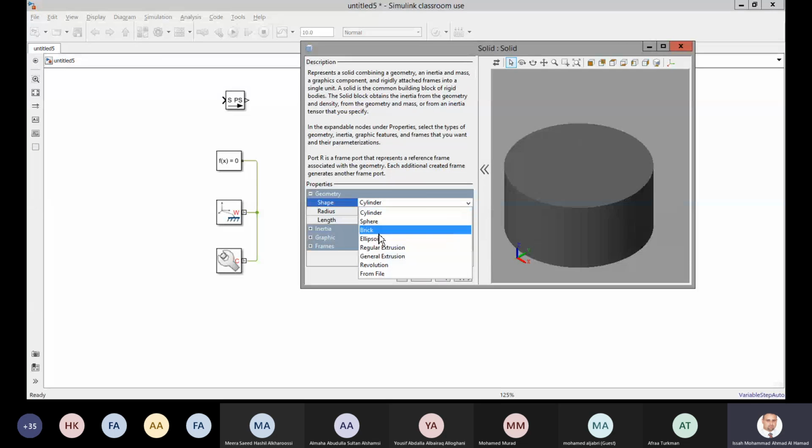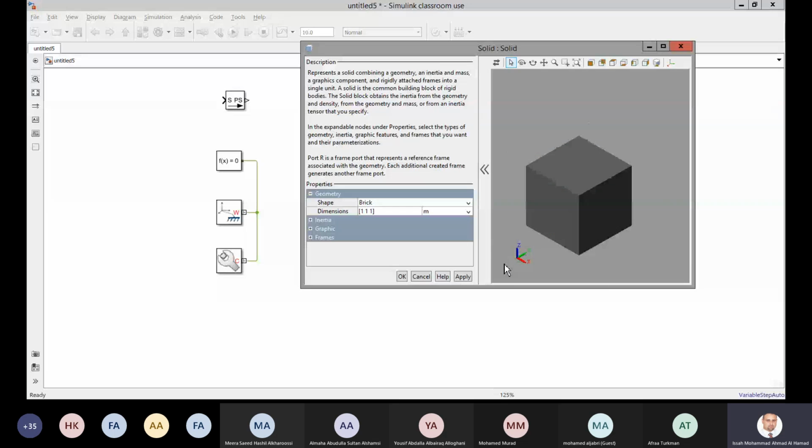I will keep it as a brick. F5. I will give it dimensions in centimeters. So I can select the dimensions to be centimeters and I can give it any dimension. So let's make it 20 centimeters by 20 centimeters by 5 centimeters. F5.